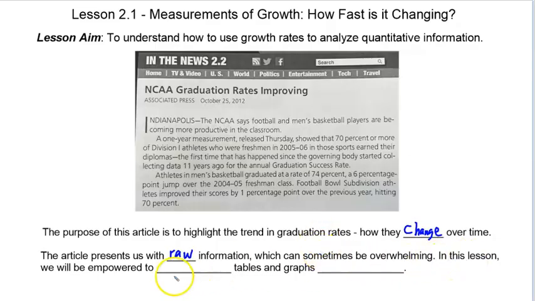So in this lesson, we're going to be empowered to analyze tables and graphs. Tables and graphs are many times a better way of taking information contained in a narrative and presenting it in a more understandable way.